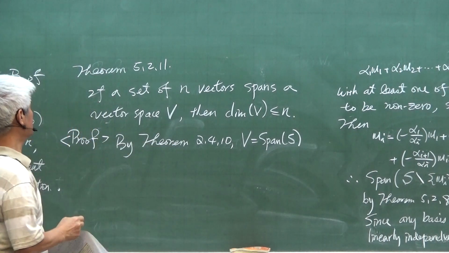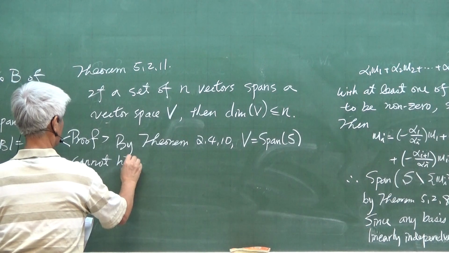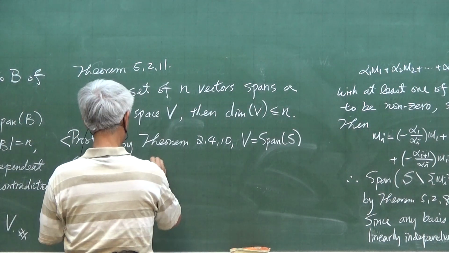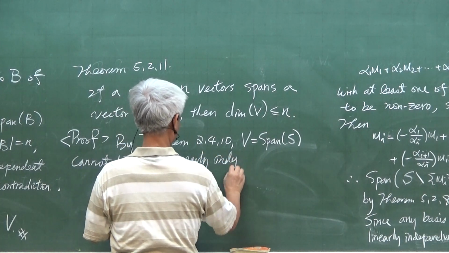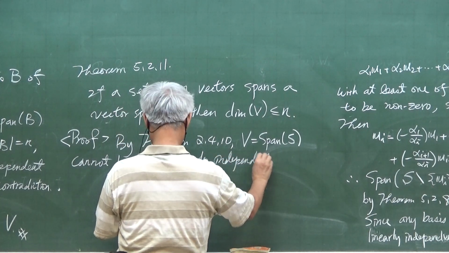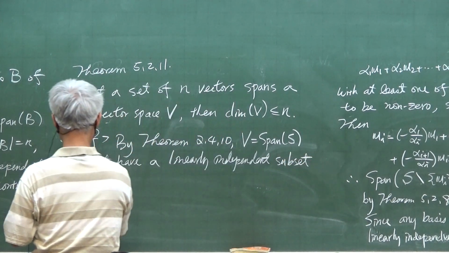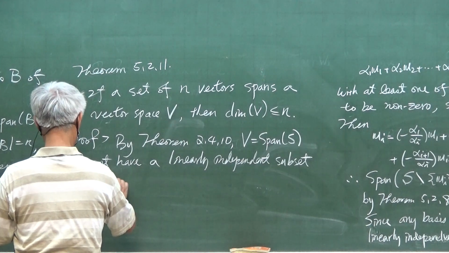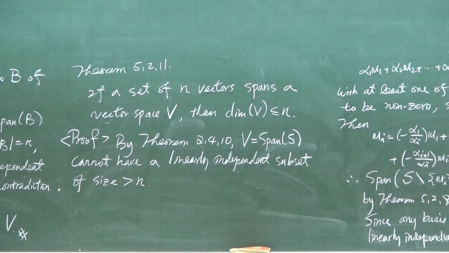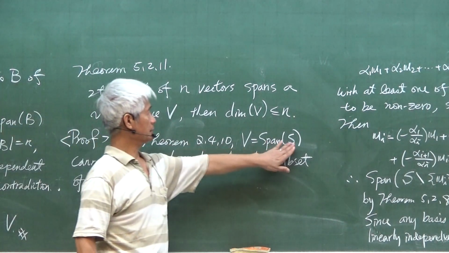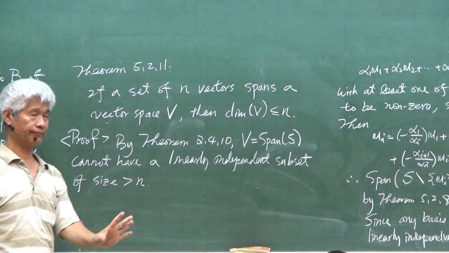As the span of S cannot have a linearly independent subset of size greater than n, because the spanning set has only n elements.